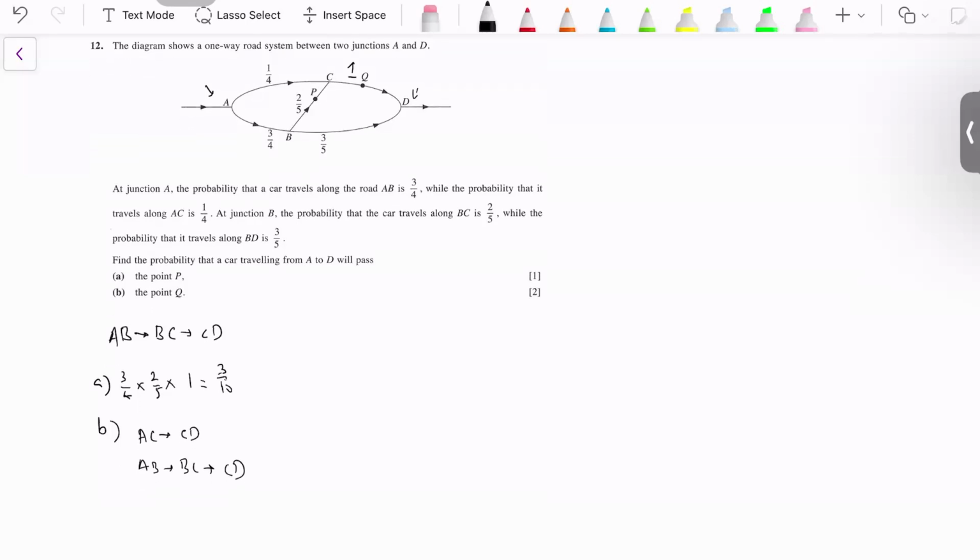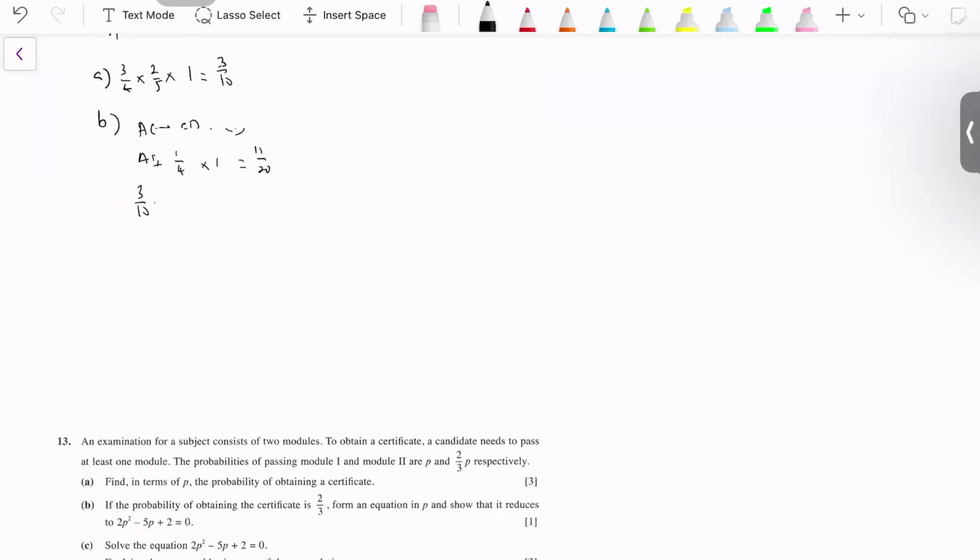We know the probability of the second path, which is 3/10. We just need to find the probability of AC to CD, which is 1/4 times 1. So our solution would be 11/20. That's our probability that a car will pass through point Q. Okay, so that's our part B.